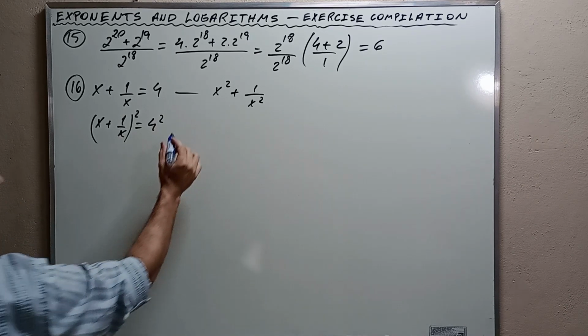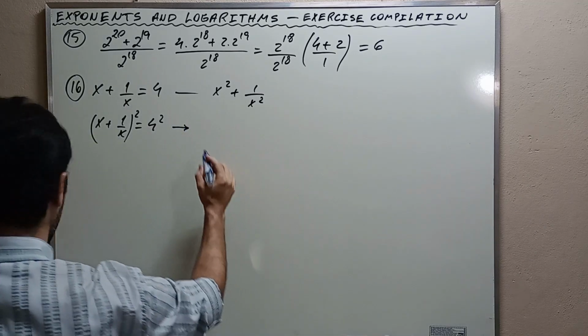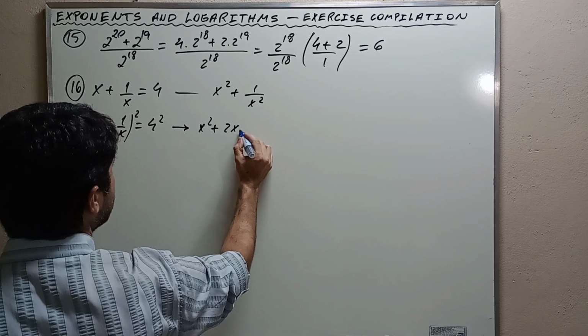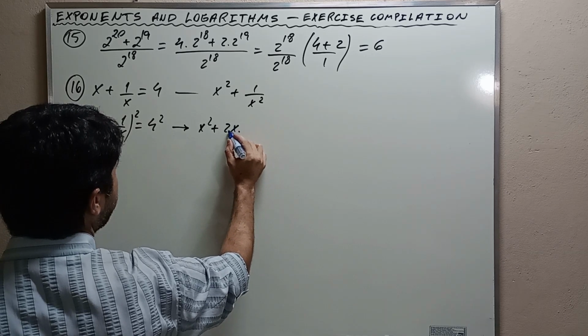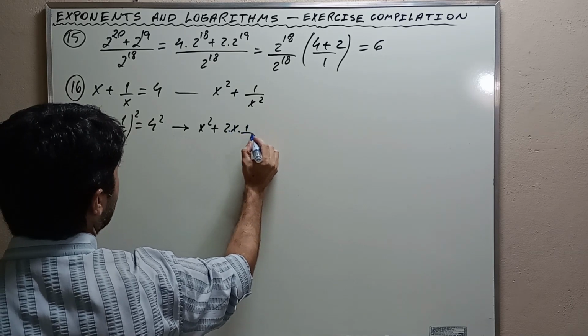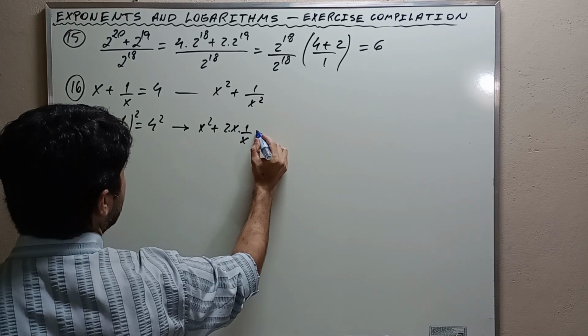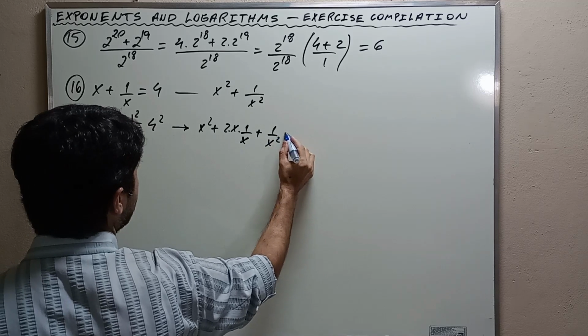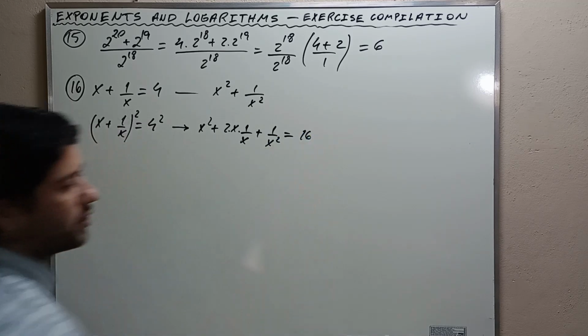Expanding this, we find that it is x squared plus 2 times x times 1 over x plus 1 over x squared, and this has to be equal to 16.